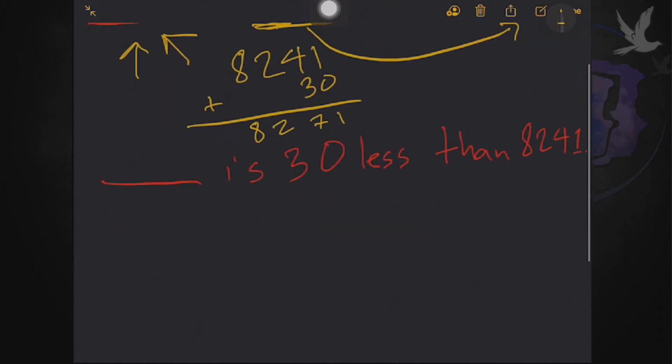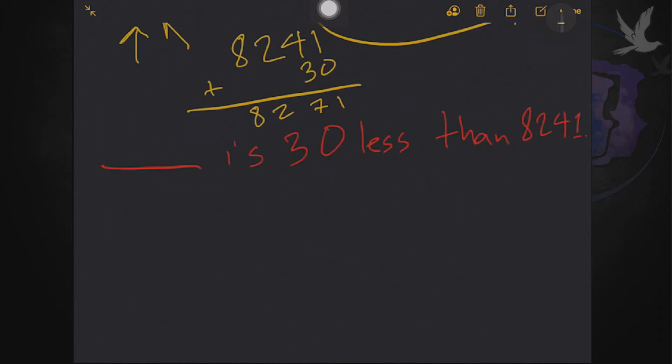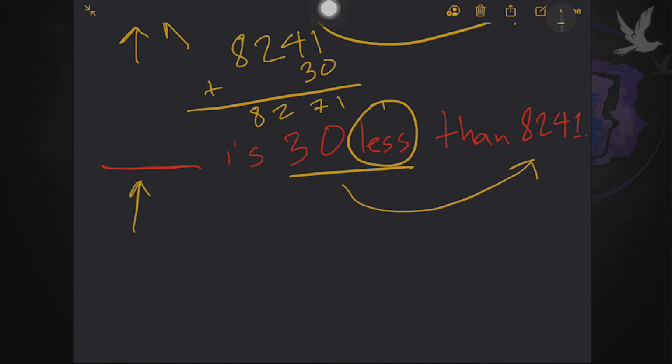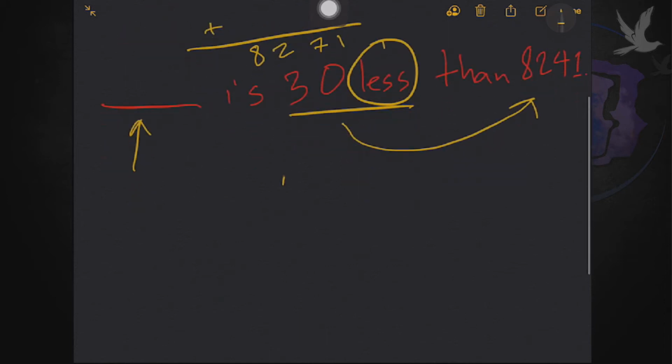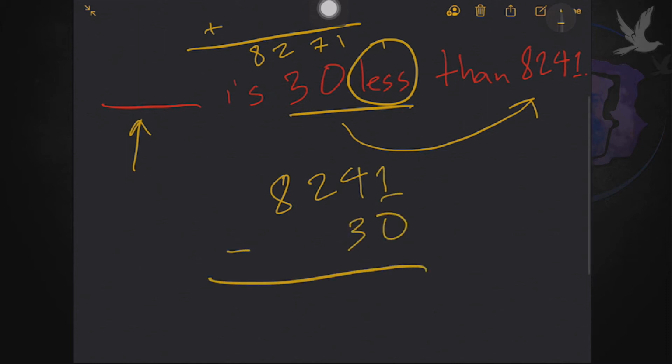Okay, the next sentence says blank is 30 less. So our clue word there is less. What do you mean by less? We have to subtract. Okay, so to get this number, all you have to do is just to subtract 30 from 8,241. So you have 8,241 minus 30. Okay, if you know the shortcut, good. If not, it's okay lang. No worries about that.